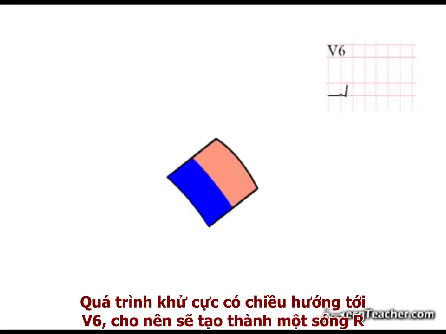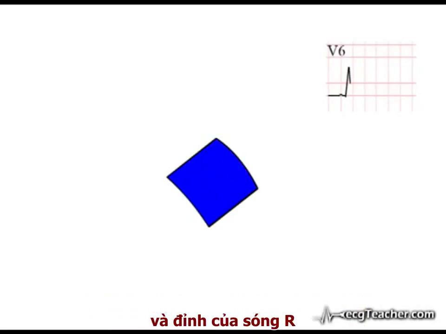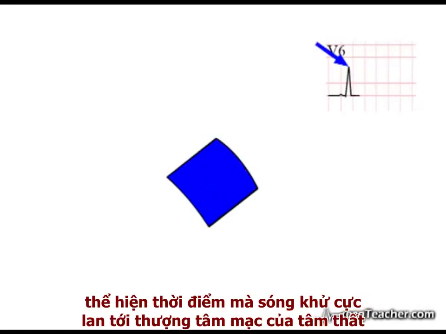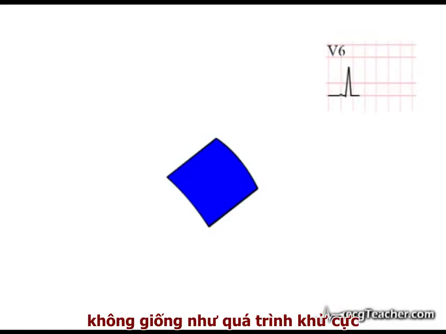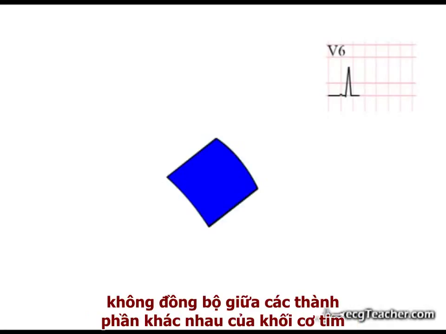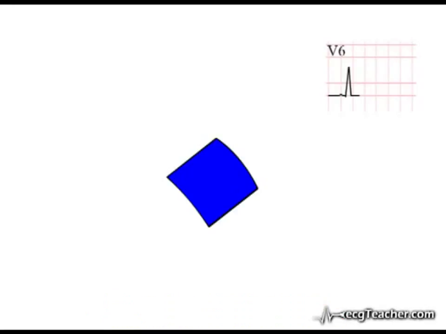Depolarization moving towards V6 produces an R wave, and the peak of the R wave represents the moment when the depolarizing wave has reached the epicardial surface of the ventricle. You will remember that unlike depolarization, ventricular repolarization is not propagated between cardiac myocytes.